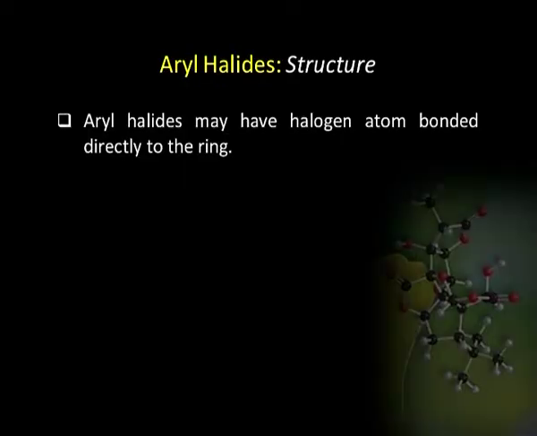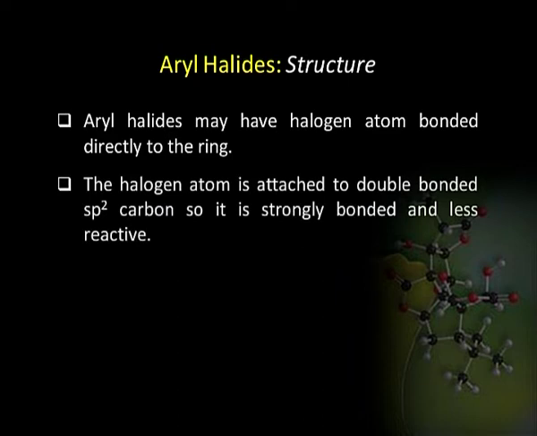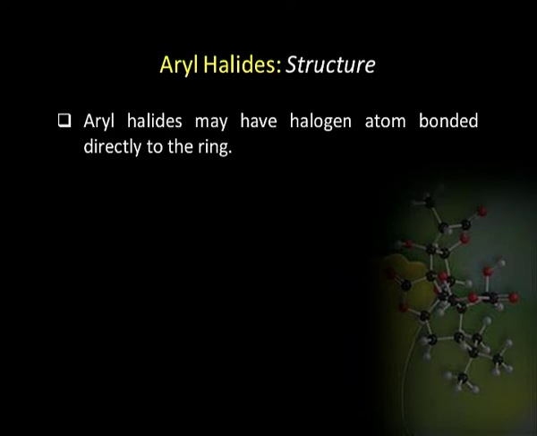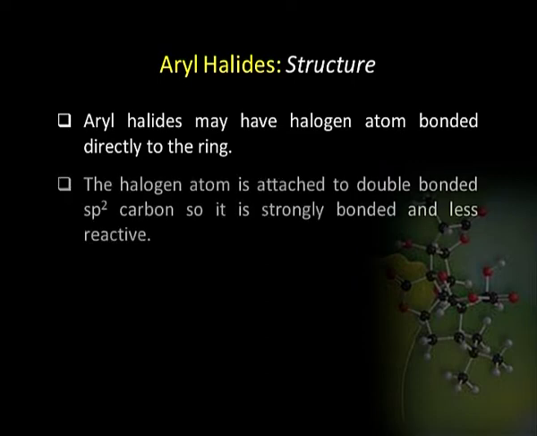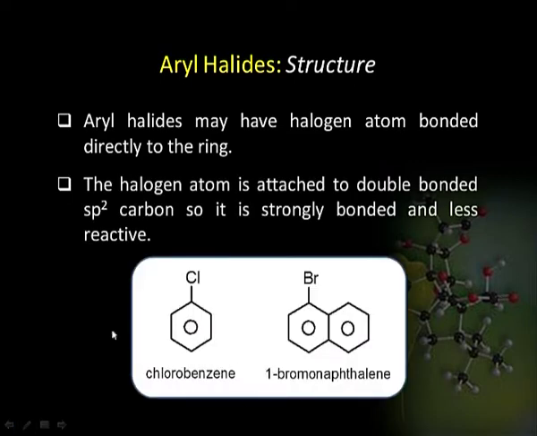Aryl halides may have the halogen atom bonded directly to the ring. The halogen atom is attached to the double bonded sp2 carbon, so it is strongly bonded to the carbon and therefore is less reactive. This is one way we have aryl halides. This is chlorobenzene and similarly another homologue, 1-bromonaphthalene.